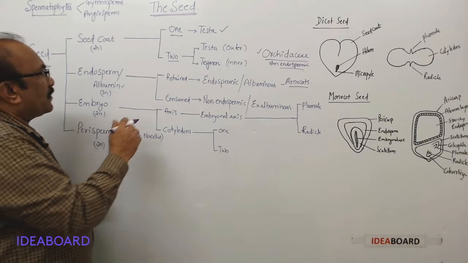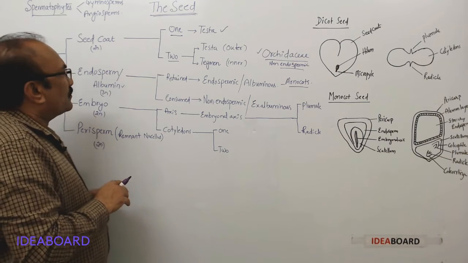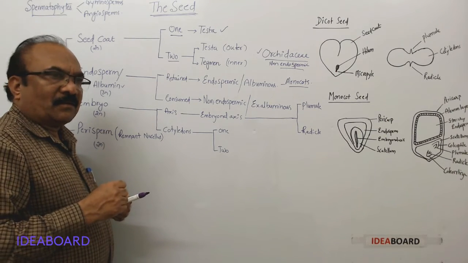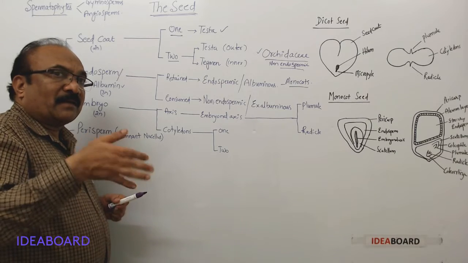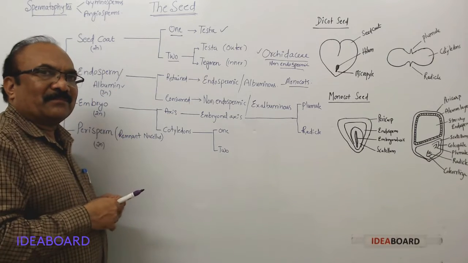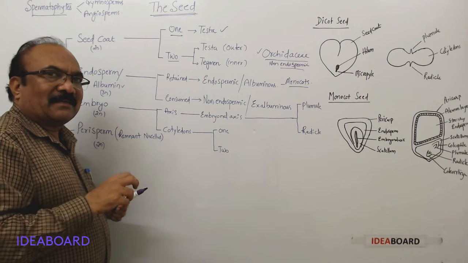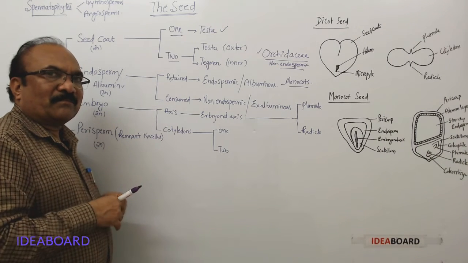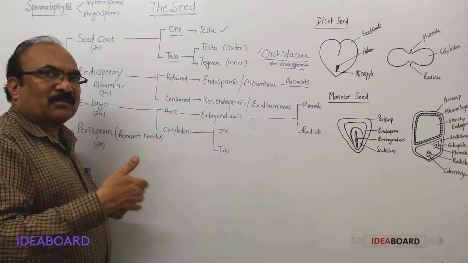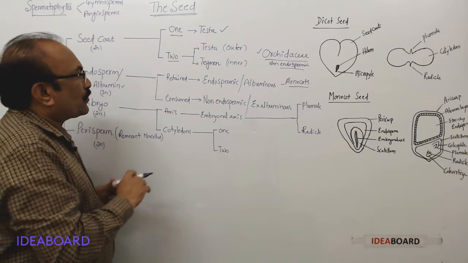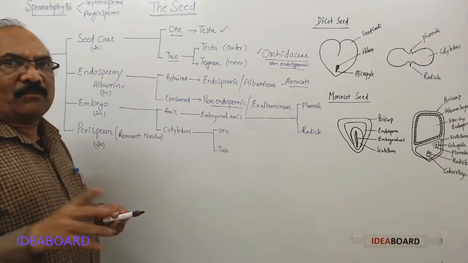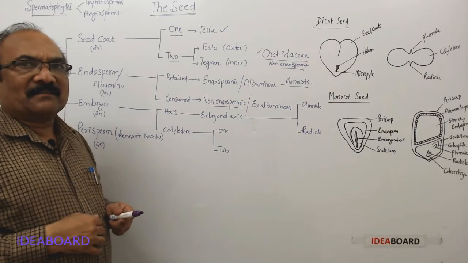So now let us see the other condition. By the time the seed is developed, the endosperm is completely consumed by the growing embryo. So in that seed, you will find only the embryo, but not the endosperm, because that has been consumed by the embryo. So that is called non-endospermic seed. I hope you are understanding the point here.